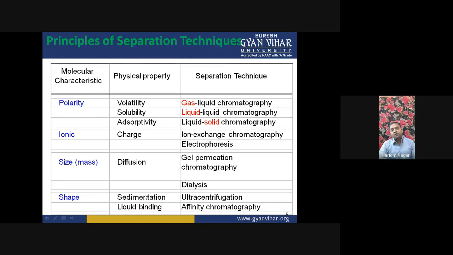If the component has a larger size, then its sedimentation will be faster. And if the molecules are of smaller size, low molecular weight, then their sedimentation would be later, or we can say slower. So they sediment at a slow rate. This would be the principle for the separation of the components.